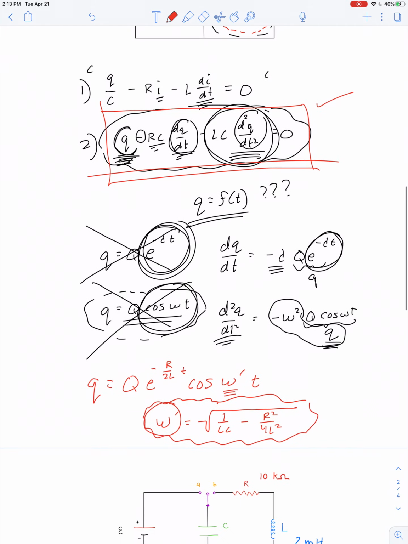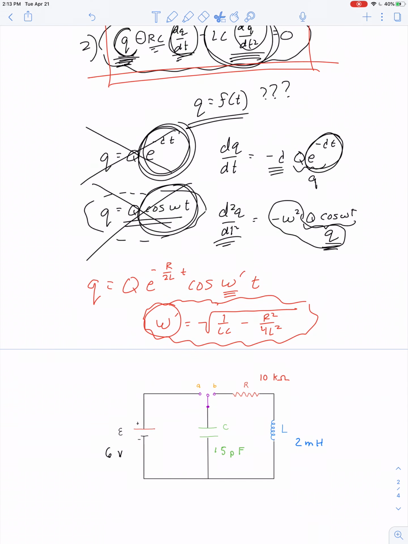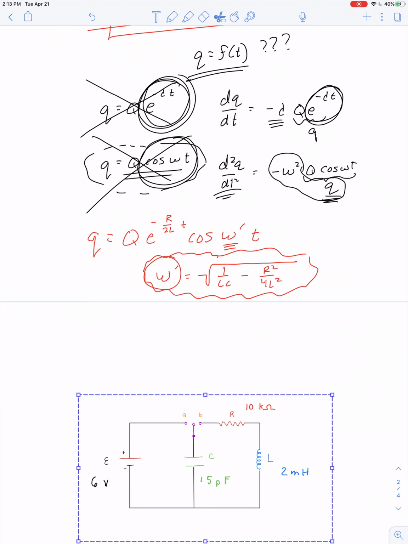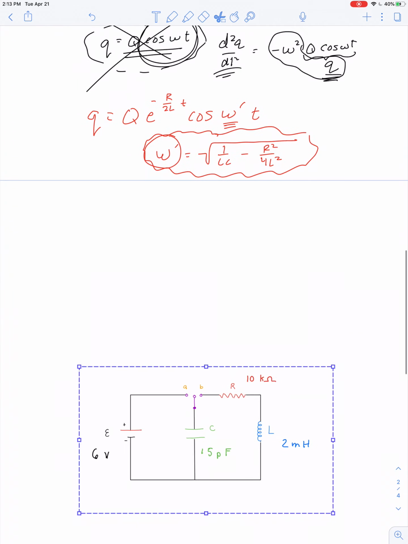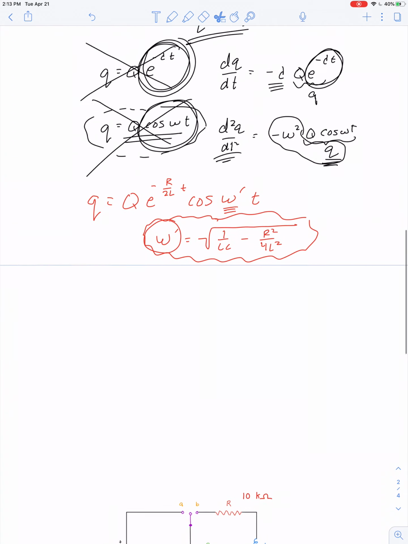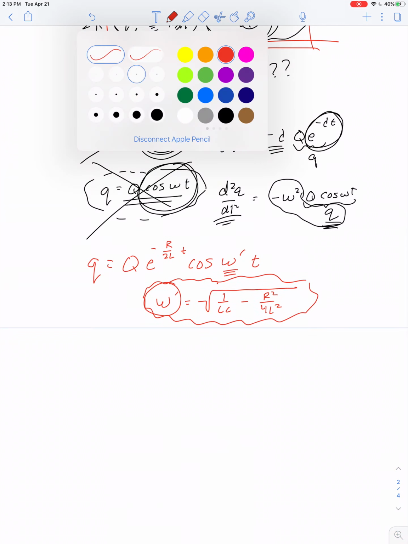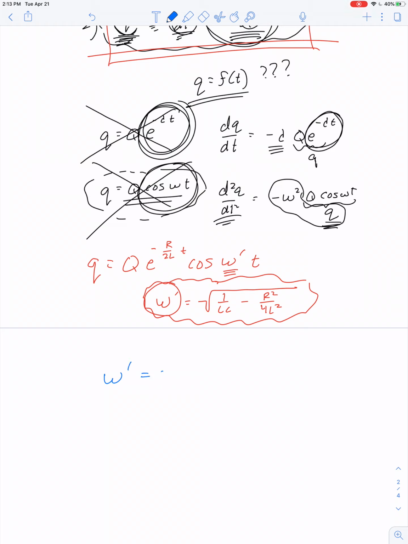So let's try to come up with an expression for the critical resistance value in an LRC circuit. Let's move this out of the way. We'll get to this example problem in a moment. The only way omega prime could equal 0 is if 1 over LC is equal to R squared over 4 times L squared.